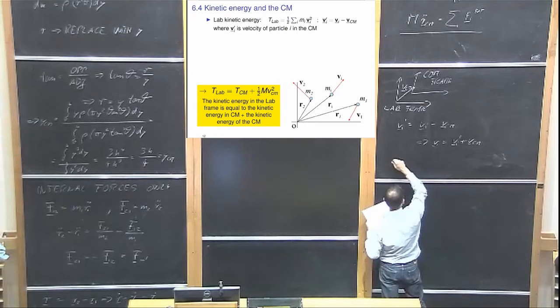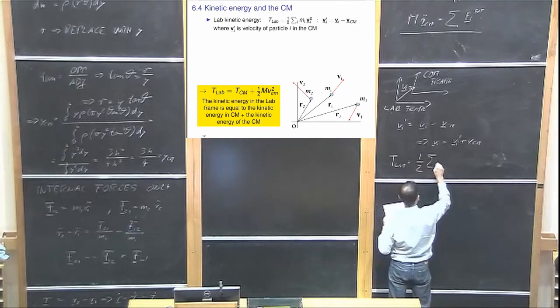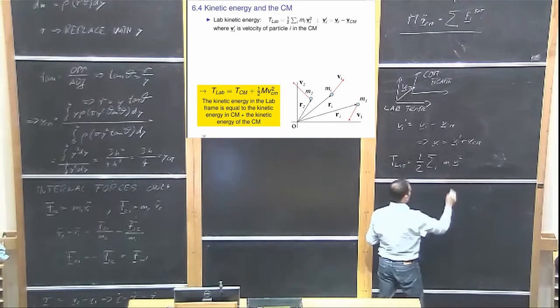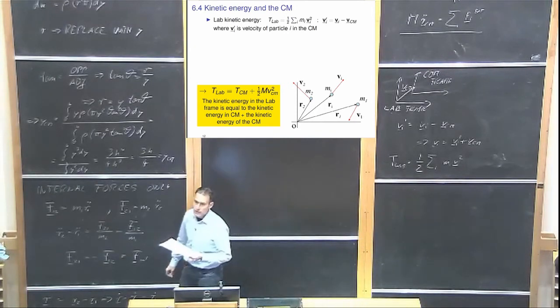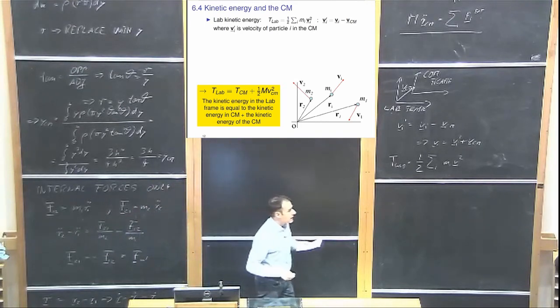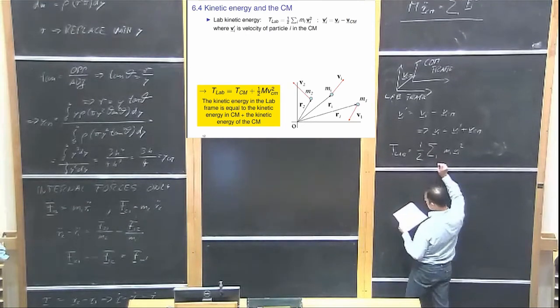Now, kinetic energy in the lab, T_lab, equals 1/2 the sum over i of m_i v_i squared. That's hopefully not a big surprise. Kinetic energy is 1/2 m v squared. We sum up all the kinetic energy of all the individual particles we have in this system.